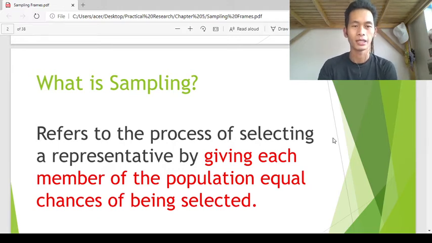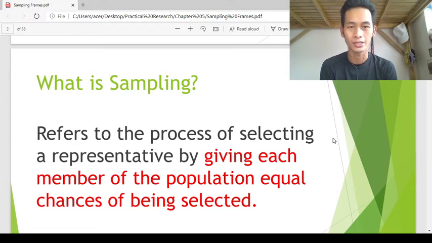Okay, what is sampling? Sampling is a process of selecting a representative by giving each member of the population equal chances of being selected. In conducting research, it is very hard for you to include the entire population in your data gathering.